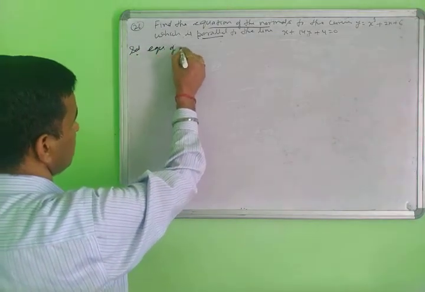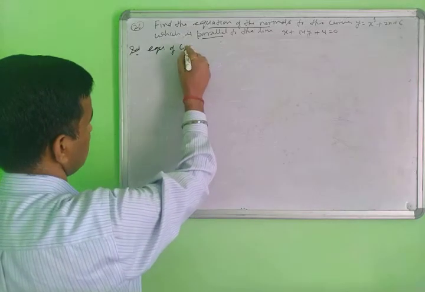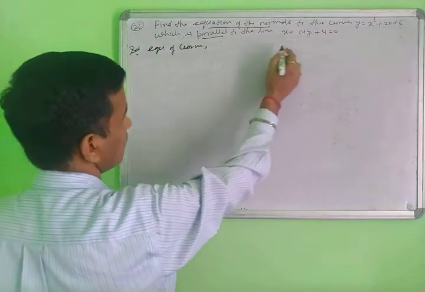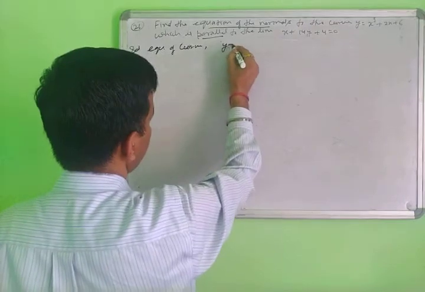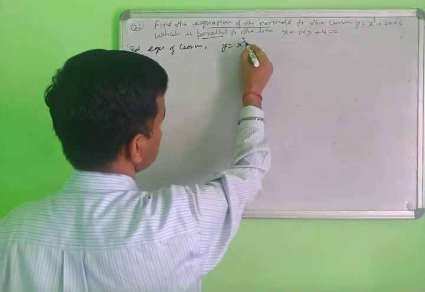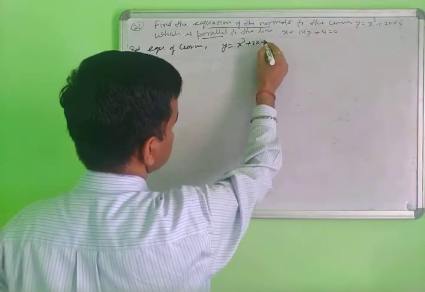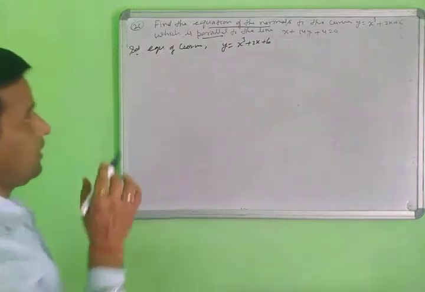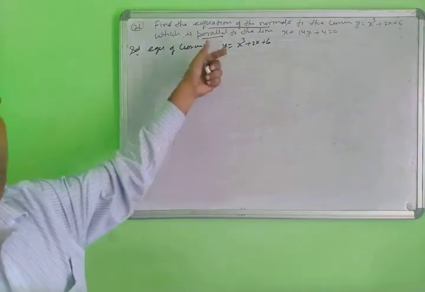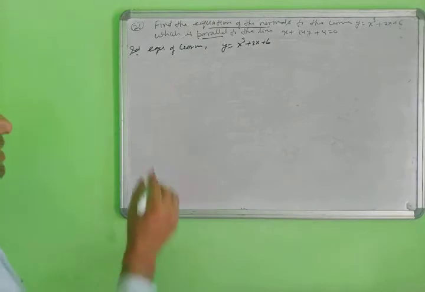First, equation of the curve. Equation of the curve here, y equal x cube plus 2x plus 6. First of all, you find the slope of the tangent form.